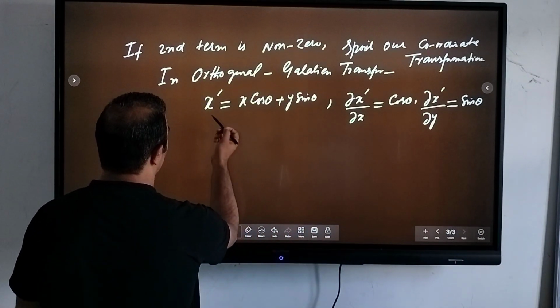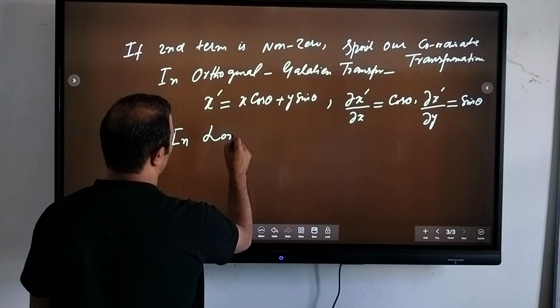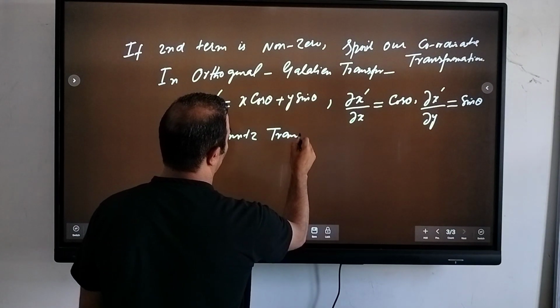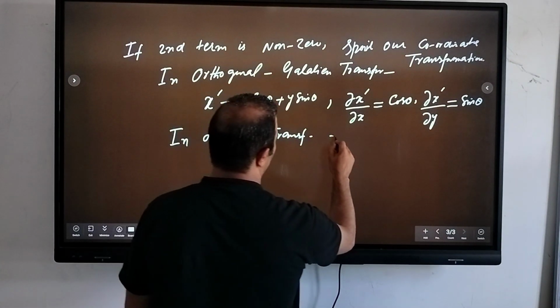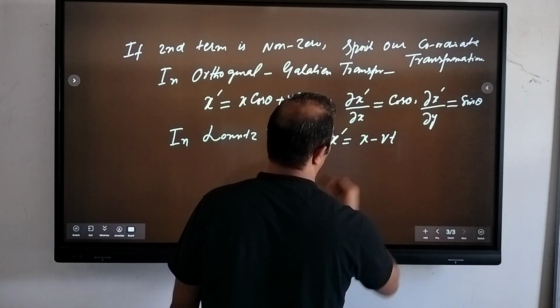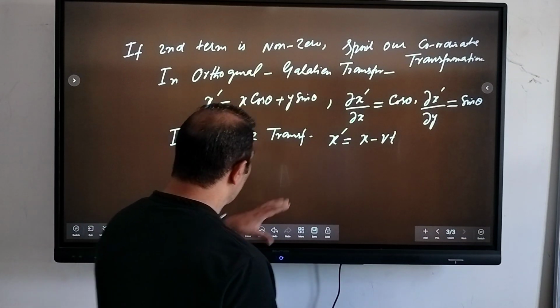Or in the Lorentz transformation, we have x prime equal to x minus vt.